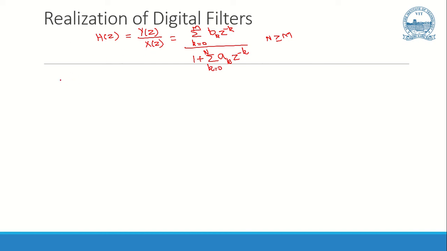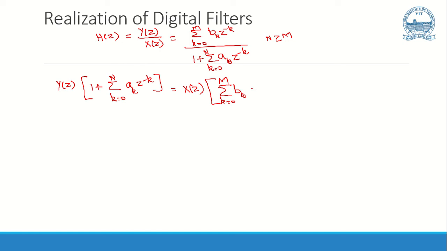So let me take Y of z into 1 plus summation k equal to 0 to N a k z power minus k is equal to X of z times summation k equal to 0 to M b k z power minus k.